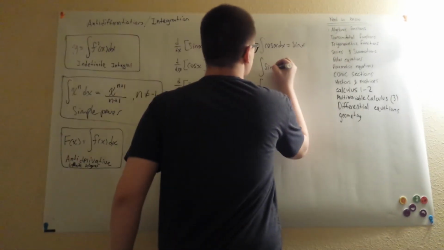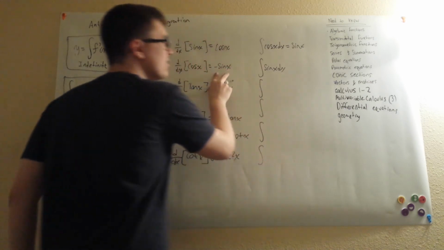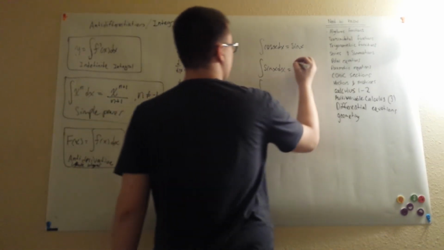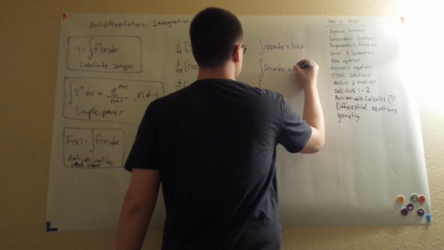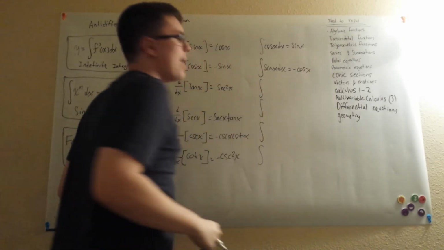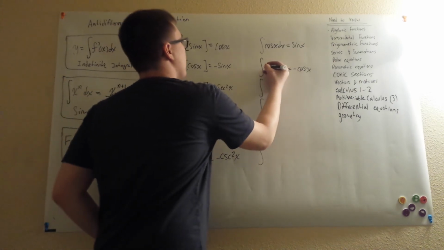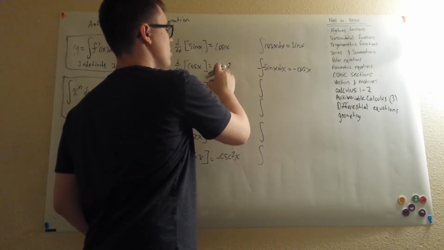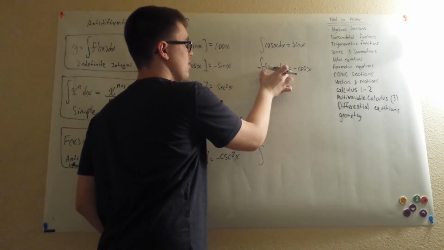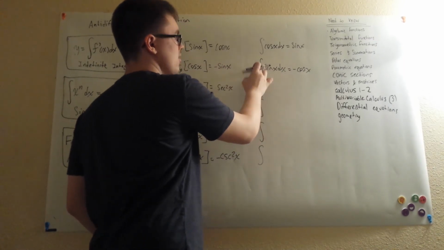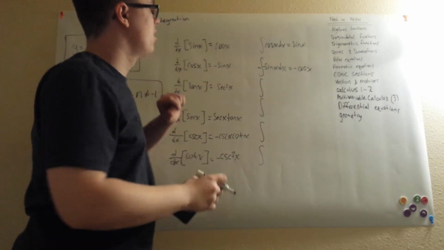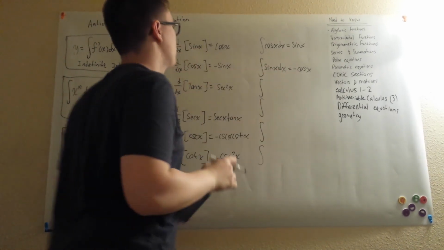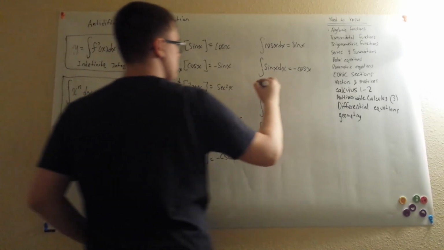So the integral of sine x dx is not negative sine x; we're just going to transfer that over to the cosine x. If I put a negative out here and out here, the integral of negative sine x is cosine x, so the integral of sine x is negative cosine x.